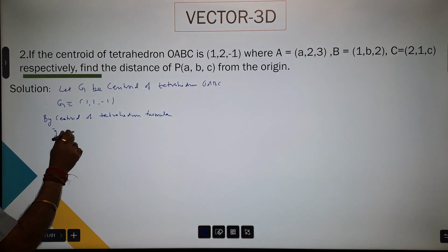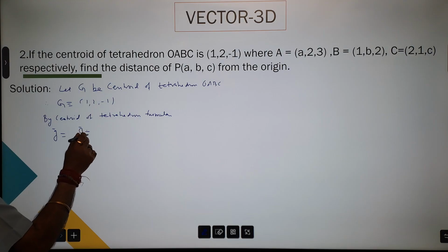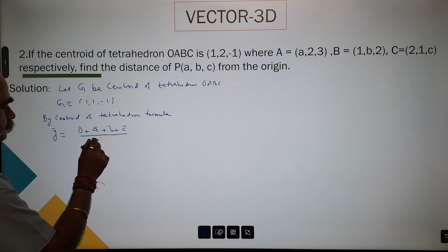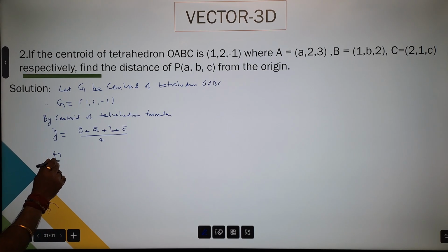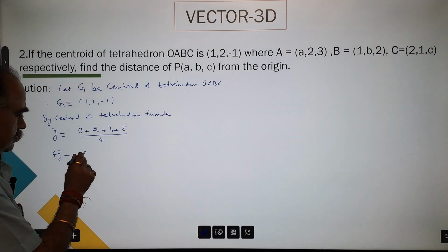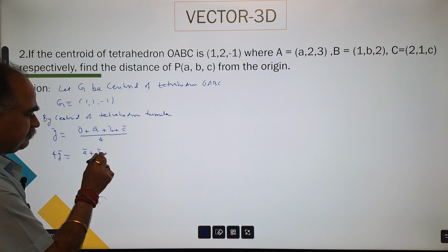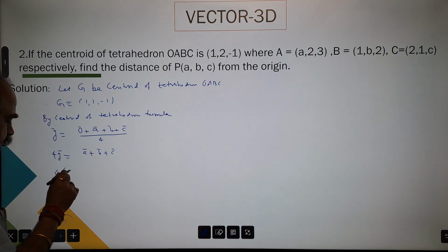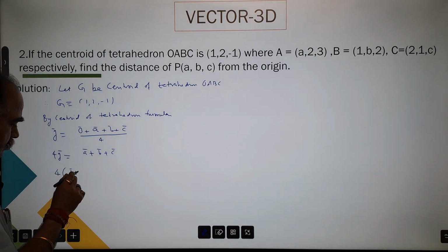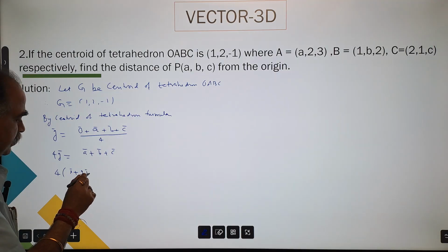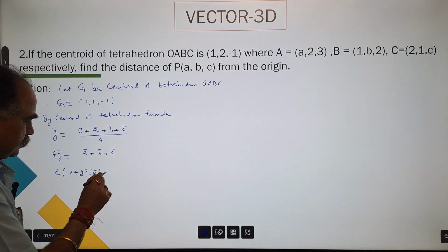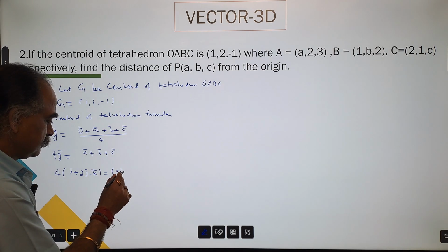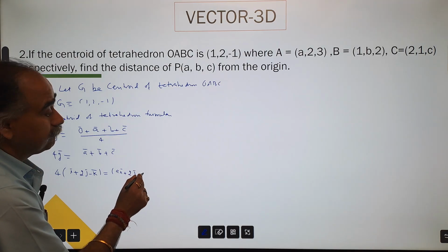G bar is O bar plus A bar plus B bar plus C bar upon 4. So 4G bar is A bar plus B bar plus C bar. 4 into G bar is I plus 2J minus K, all times 4. A bar is AI plus 2J plus 3K.